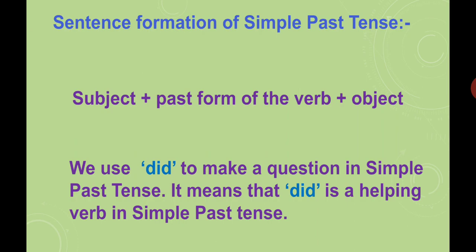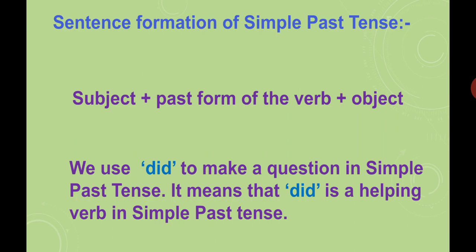And what is the helping verb of simple past tense? Do you remember? We use did to make a question in simple past tense. It means that did is a helping verb in simple past tense. So this is the formation of simple past tense. If the verb is in its past form, with regular or irregular verbs, or some hint words, which are they?